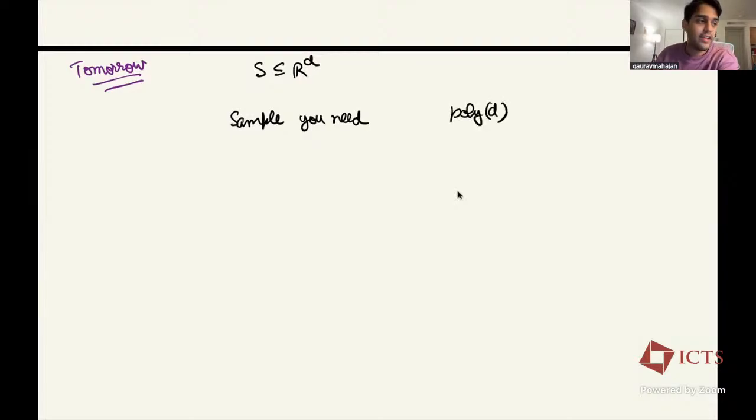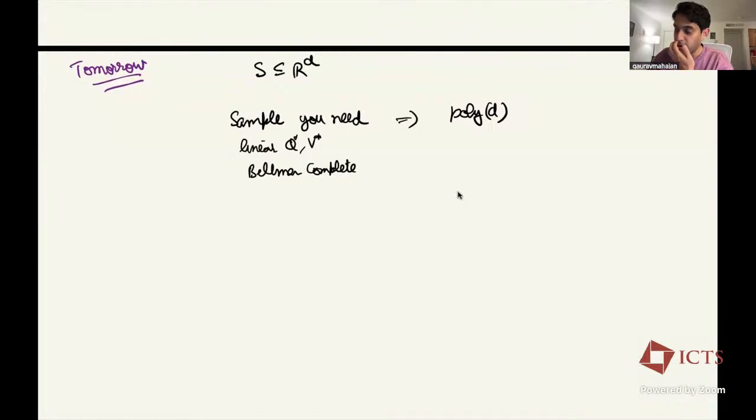And for that, there are many assumptions: linear Q star, V star, or Bellman complete, and many others like linear MDPs. You can get polynomial sample complexity, so you only need these many samples.